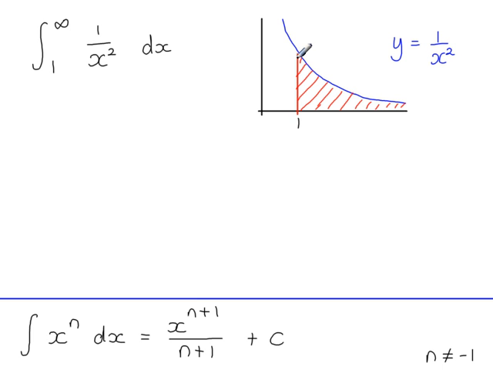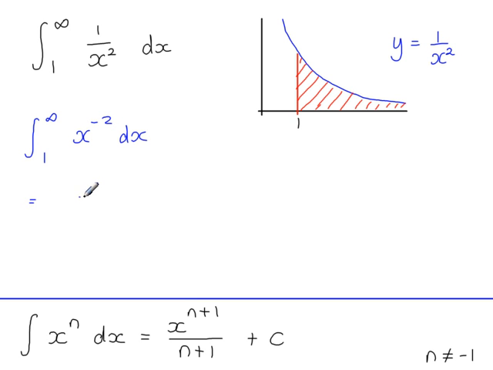In this example, we're looking for the area of the shaded region from x equals 1 to infinity. So rewriting using index form first, so integrating x to the power of minus 2.